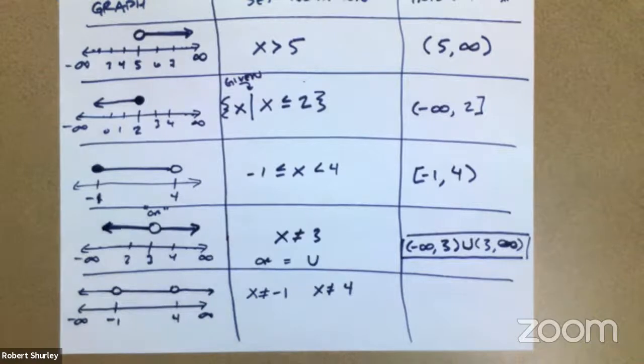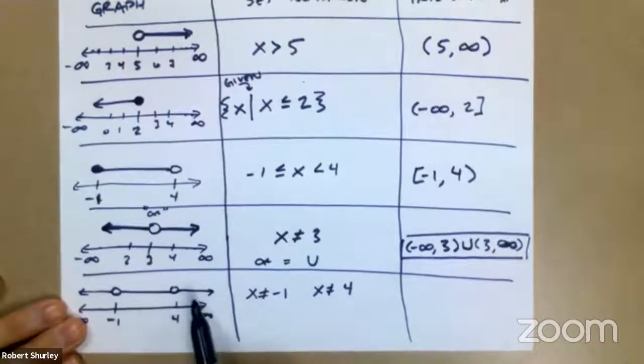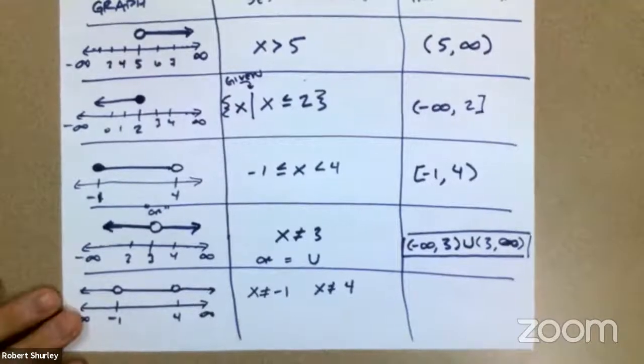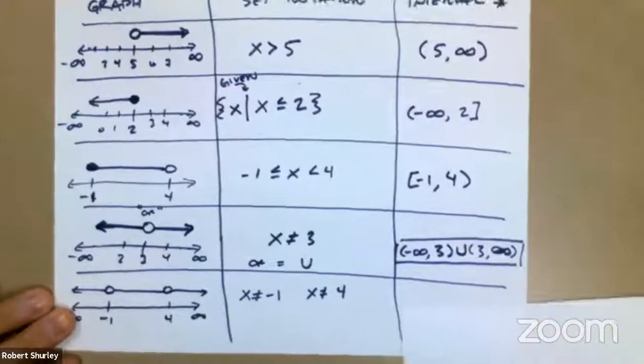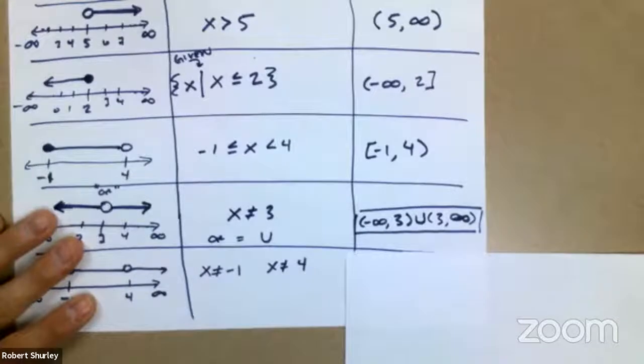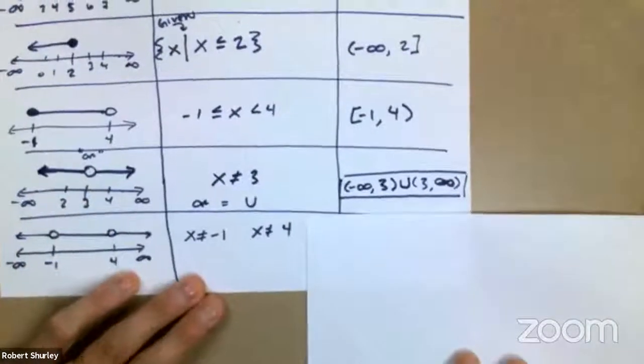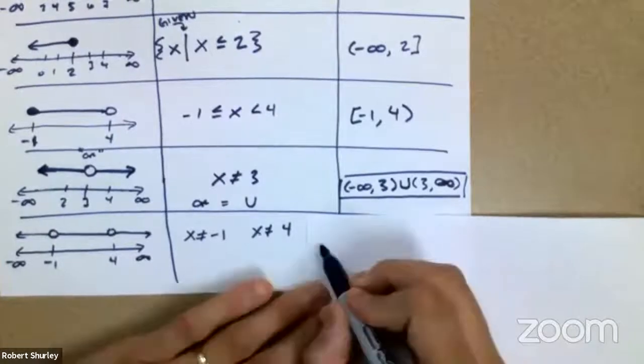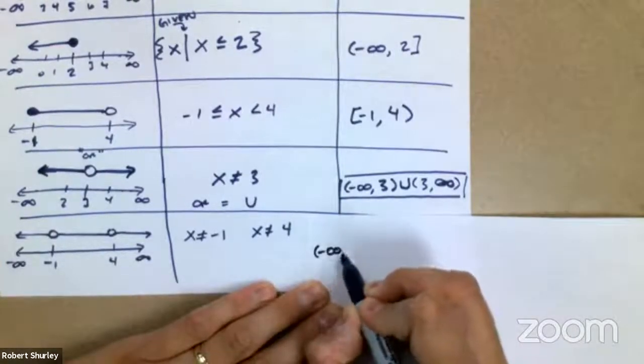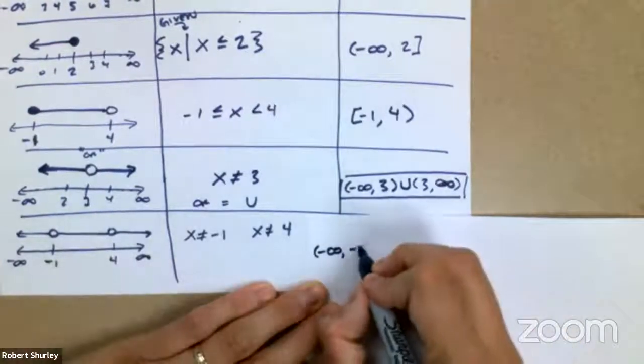It's gonna be anything as long as it's left of -1, in between -1 and 4, and to the right of 4. So I'm gonna bring this piece of paper over here to make it a little more room for me. So if I'm going to write this in interval notation, I'm going to say -infinity to -1. That's that first interval, right?